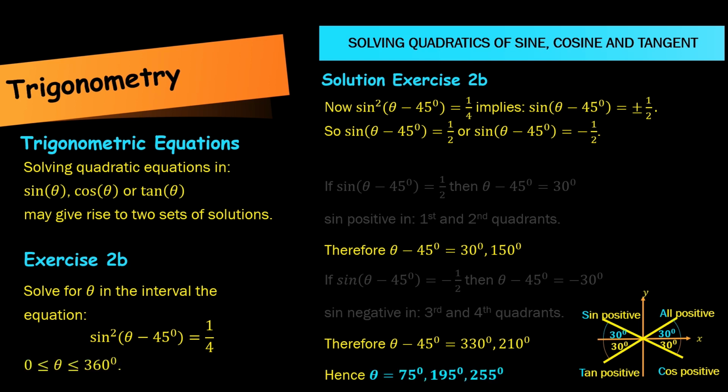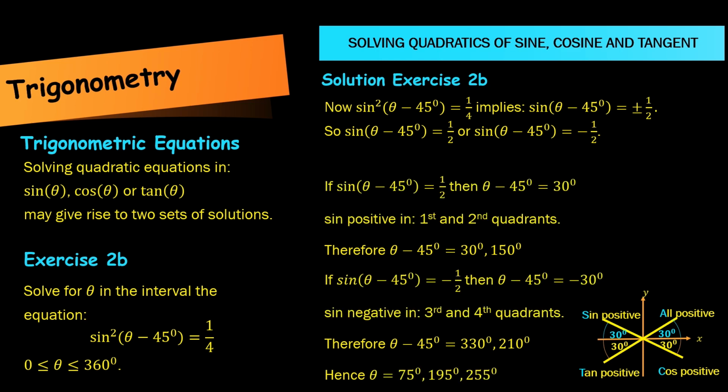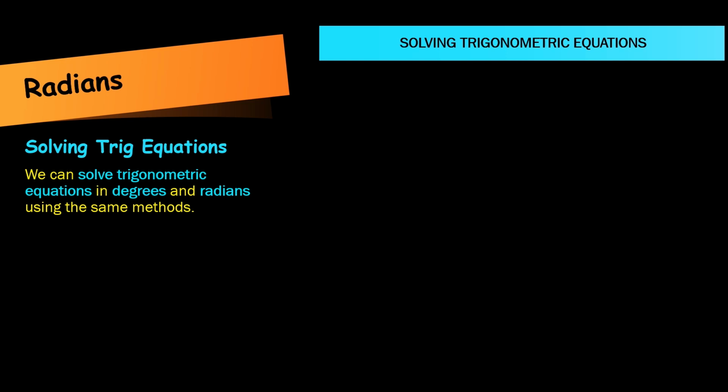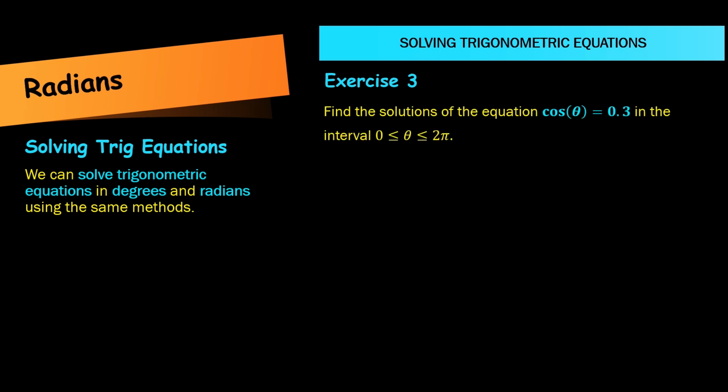So in fact, theta equals 75, 195, or 255 degrees. We can solve trig equations in degrees and radians using the same methods. So let's now take a look at exercise 3.